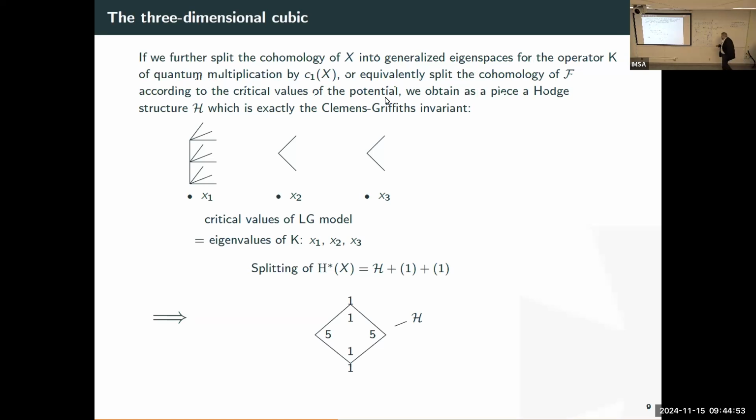In the case of the 2-dimensional cubic, which I worked out for you, we have different points in this moduli space of Landau-Ginzburg models, and over each of these points we have lambda 1 to lambda 9, which are the eigenvalues of the quantum multiplication by C1 of Tx. And at this point here, we have actually only 2 of them.